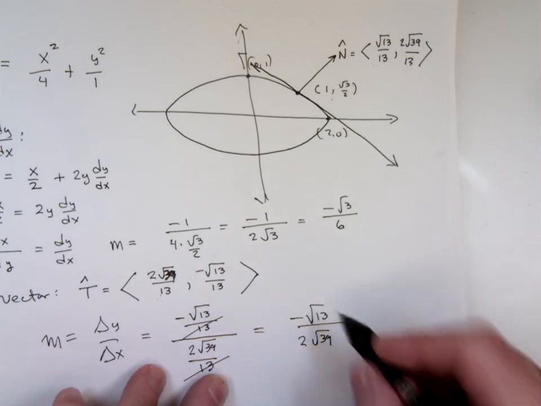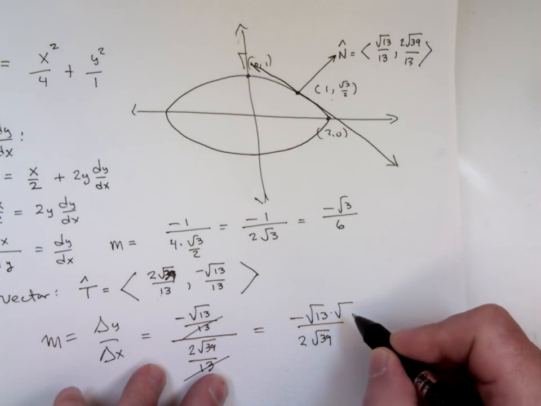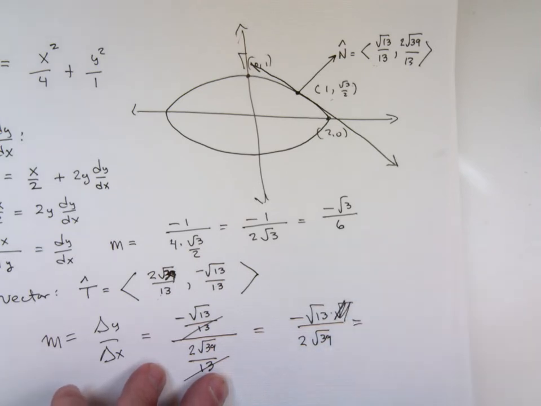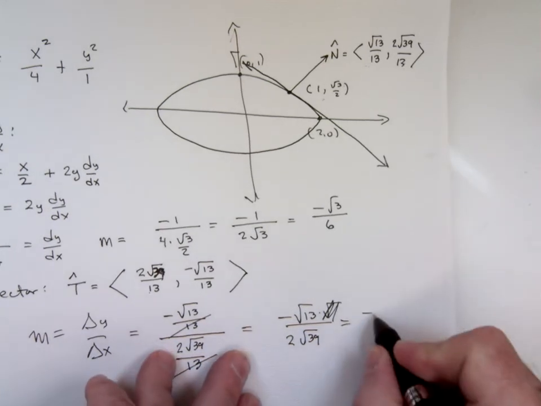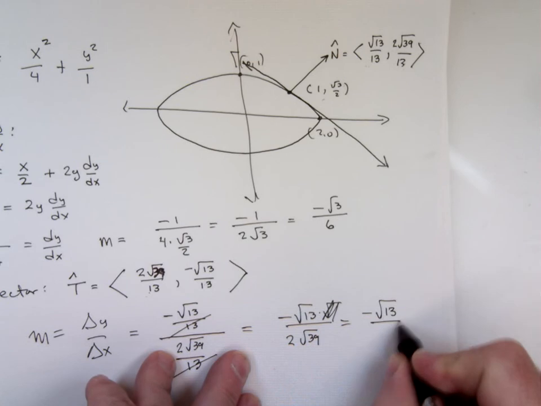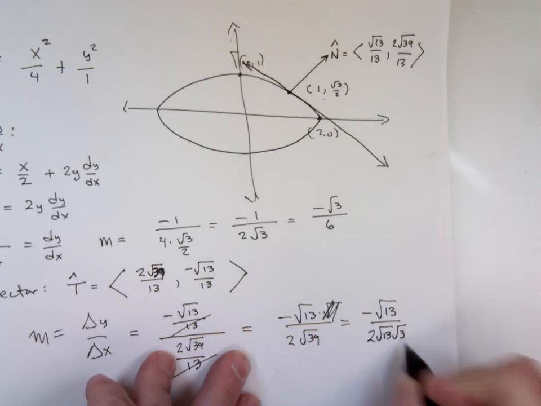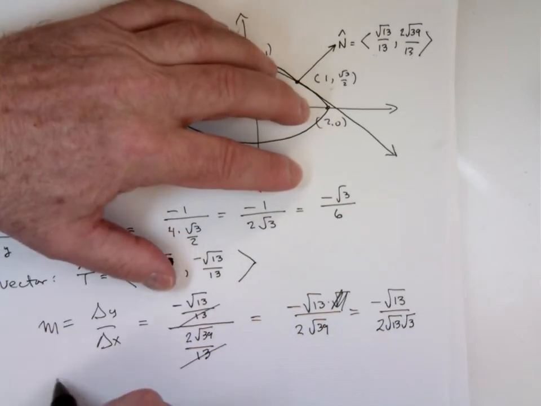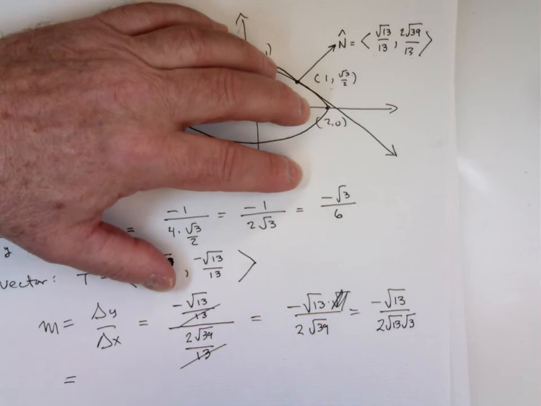I could even separate 39 as 13 and 3. Cancel. Excellent idea. What he's saying is the square root of 39 is the square root of 13 times the square root of 3. Very nice. And now we can knock out some square roots of 13.